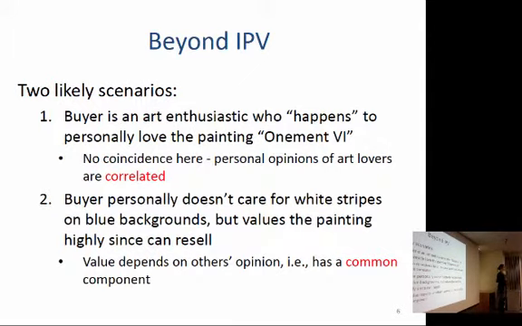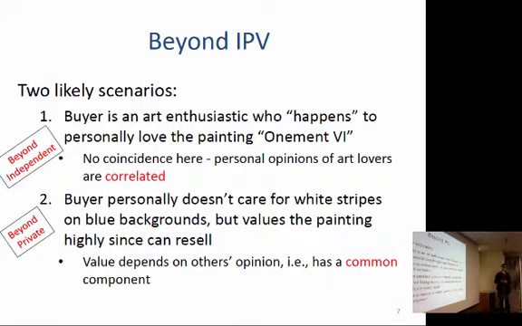So in this case, his really high value for the painting that translates to such a high bid is because his value is a function of the opinions of other bidders, or other people on the market, who would eventually maybe buy the painting from him. So the first scenario is why we consider beyond independent values, and the second one is why we consider beyond private, because there's this common component to their values.